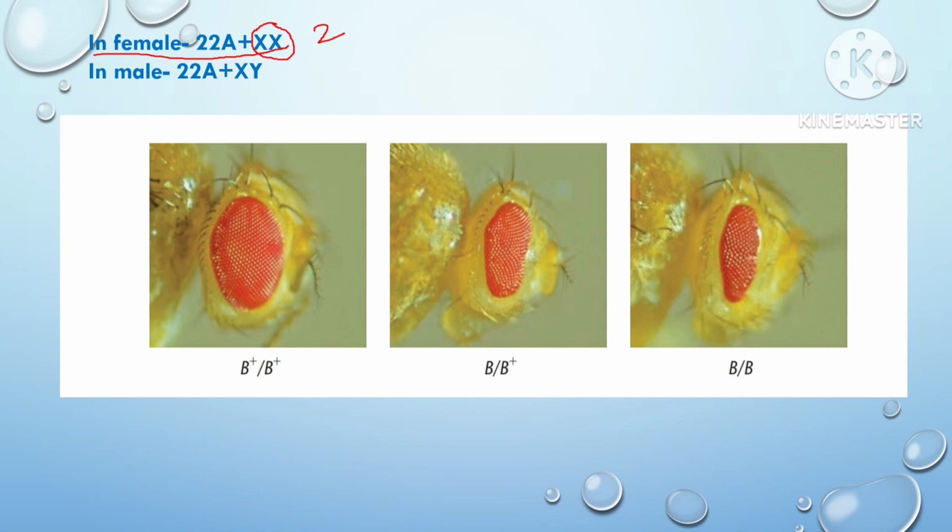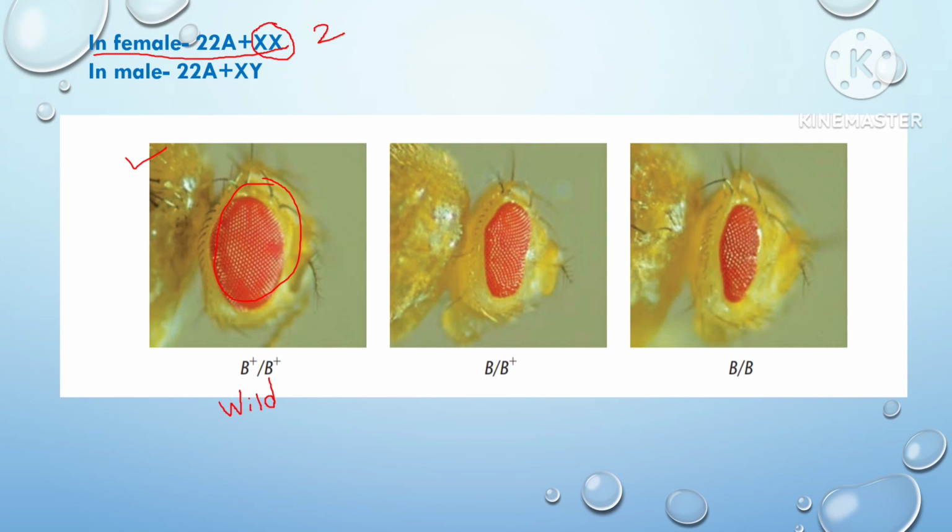This is the figure of wild type Drosophila. We have B plus, B plus. B plus means wild type, and we know the wild type shape is oval. But when we have one B, meaning one mutant and one wild type, B is represented as mutant and B plus as wild type.